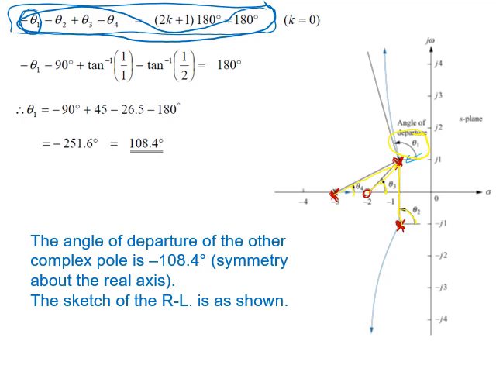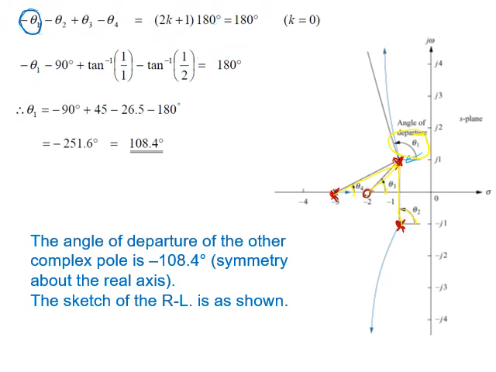Let's take this 180 inside, and take theta 1 outside to put the equation in the right form. We can write it as theta 1 equal to minus theta 2 plus theta 3 minus theta 4 minus 180.